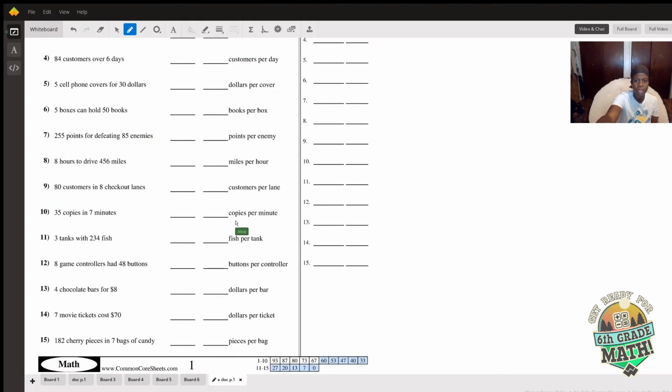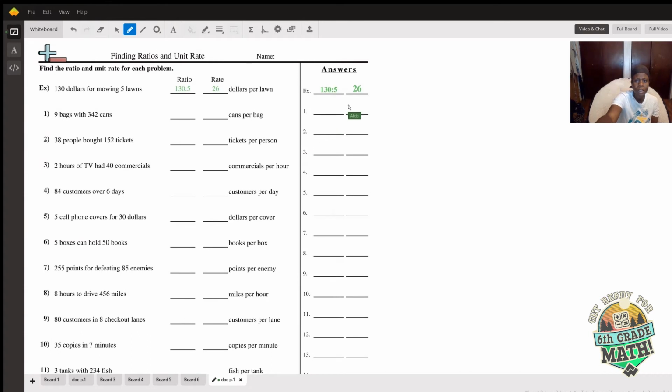So we're going to find the ratio, and then we're going to find the unit rate, okay? So we have 9 bags with 342 cans. So we need to find the amount of cans per bag. So we would have to put what first? The amount of cans for the ratio or the amount of bags for the ratio?